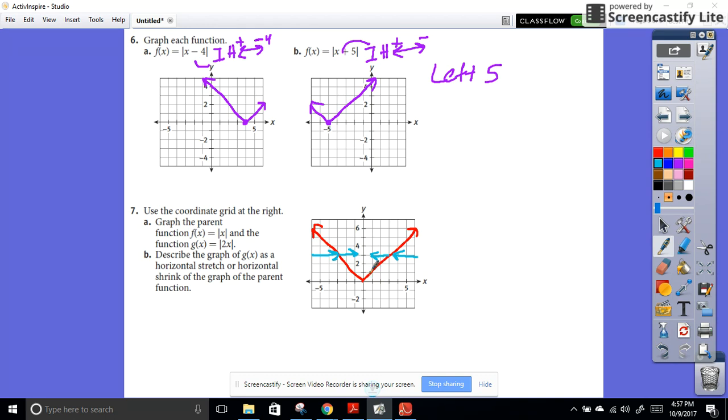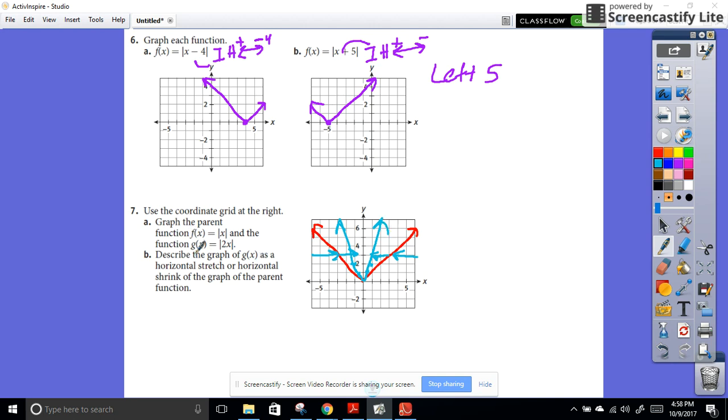This is a value of 1, so I'm going to move halfway. This is at 2, so I'm going to move to 1. This one's at 3, so I'm going to move to 1.5. This one's at 4, so I'm going to move to 2. Okay, so you see how it's pressing in. It should look something like that.